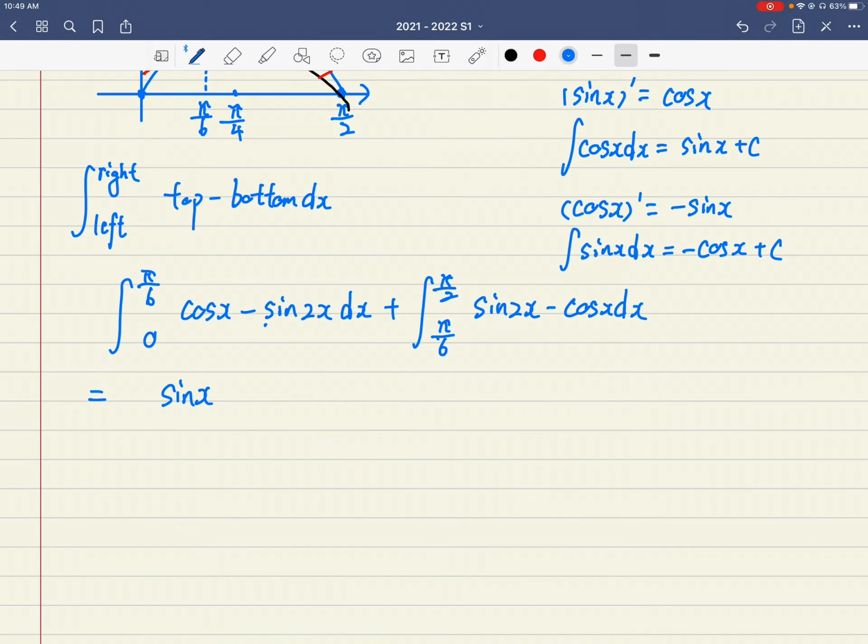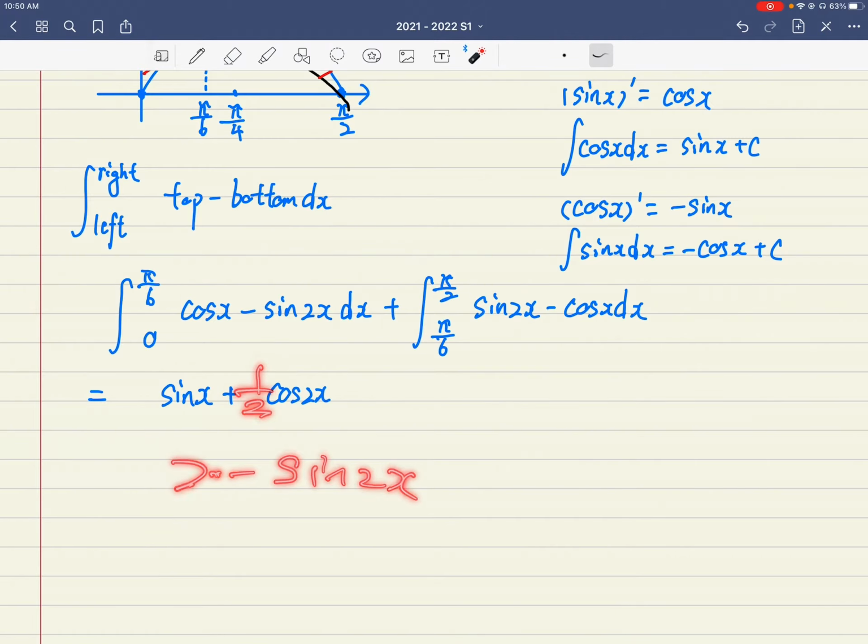What about minus sine 2x? It should be plus cosine 2x, and if you differentiate cosine 2x, it will be minus sine 2x times 2, so you have to halve that. So it's half cosine 2x, from 0 to pi over 6.